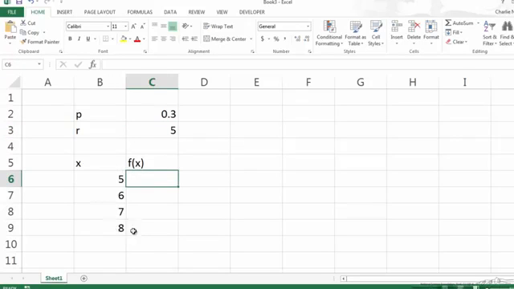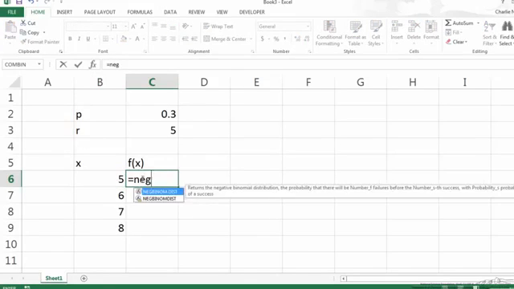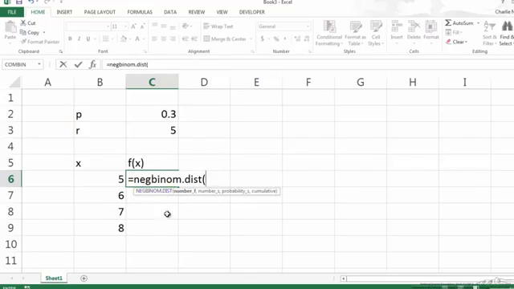Now we're going to put in what is the probability that we will have 5 successes exactly by the 5th house. So this is going to be NEGBINOM.DIST. That's a built-in function. So we have the number of failures. So the number of failures here is just always going to be x minus 5.